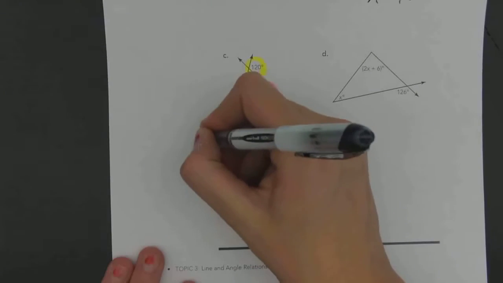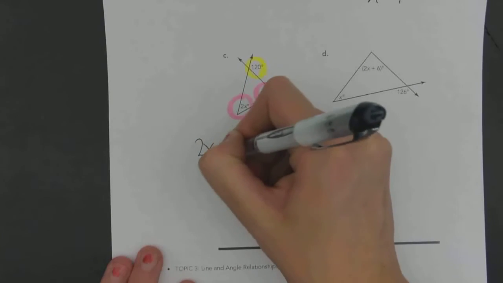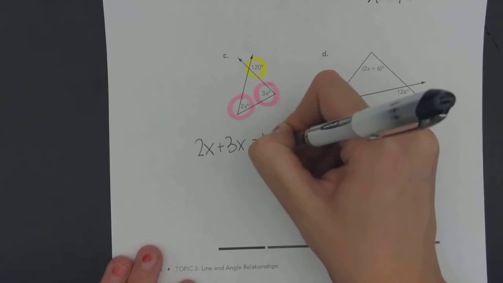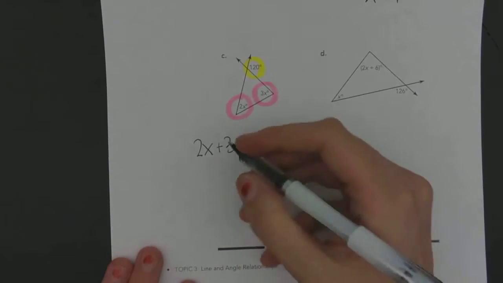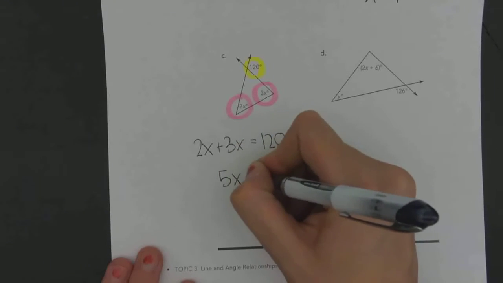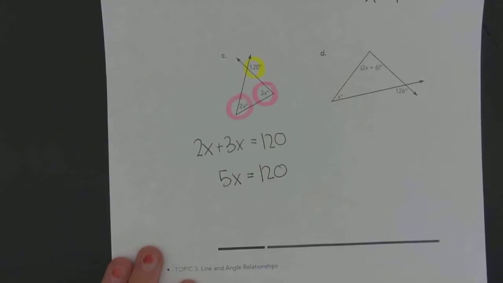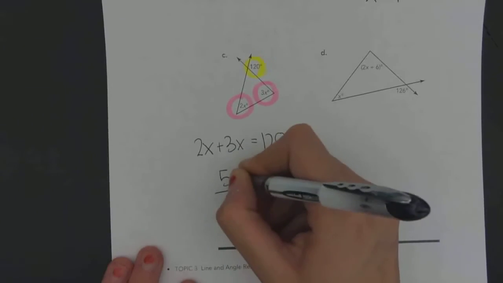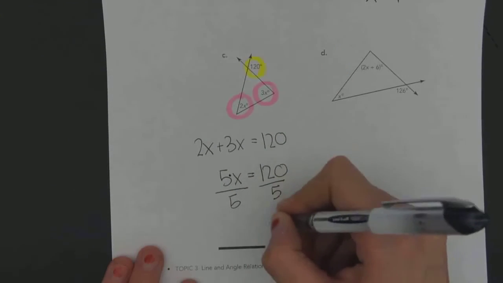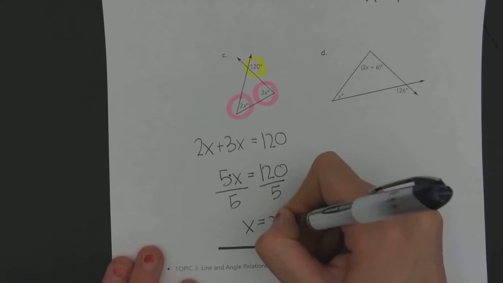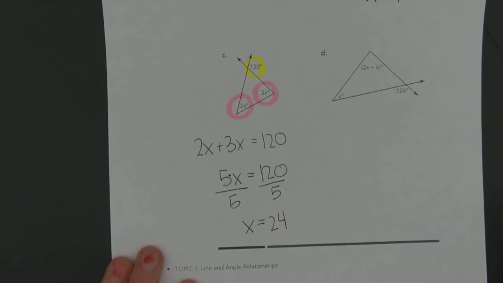So I'm just going to solve it. 2x plus 3x should equal 120, right? 2x plus 3x gives me 5x. So now I have 5x is equal to 120. All I want to do is divide both sides by 5 because 5 and x are being multiplied. The opposite is division. So divide both sides by 5. That tells me that x equals 24.